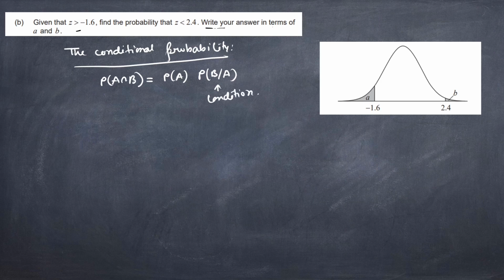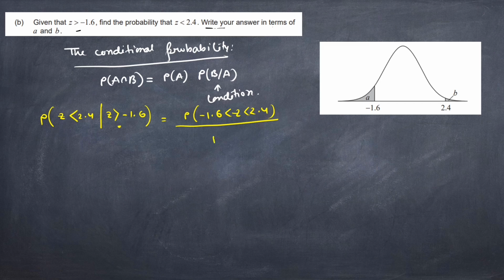So from here we can write P(z less than 2.4 given z greater than minus 1.6) is equal to P(minus 1.6 less than z less than 2.4) divided by P of A, that is P(z greater than minus 1.6). Now this is very easy.